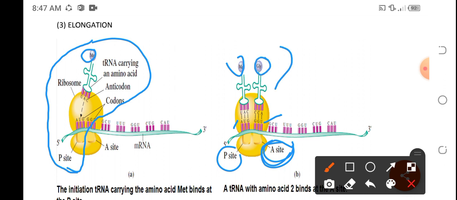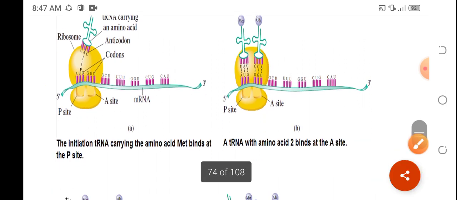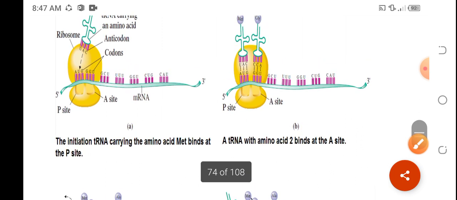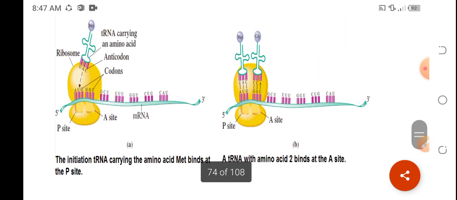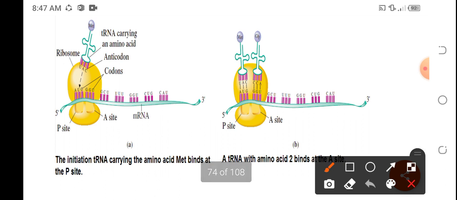So the activated tRNA carrying the amino acid glycine will also arrive, and its anticodon will base pair with the codon part of the mRNA. So this is amino acid number 2, the second amino acid, which binds at the A site.